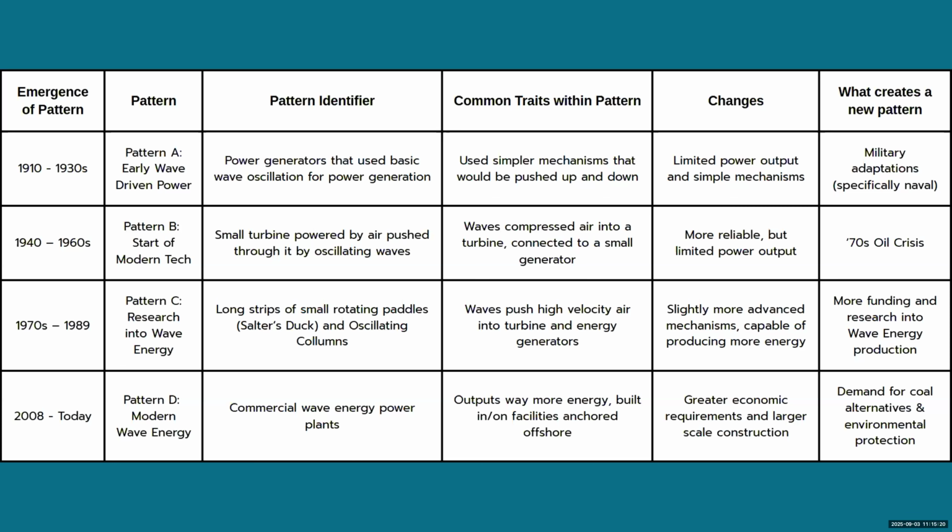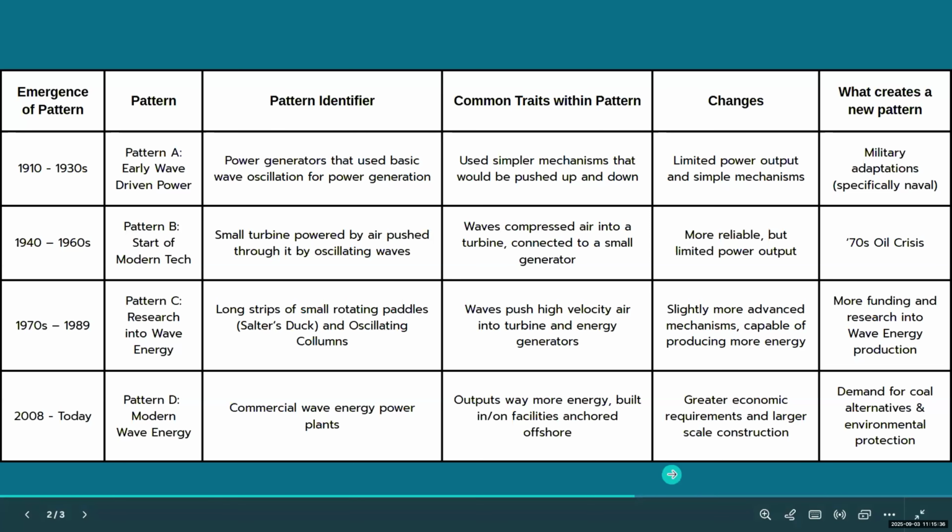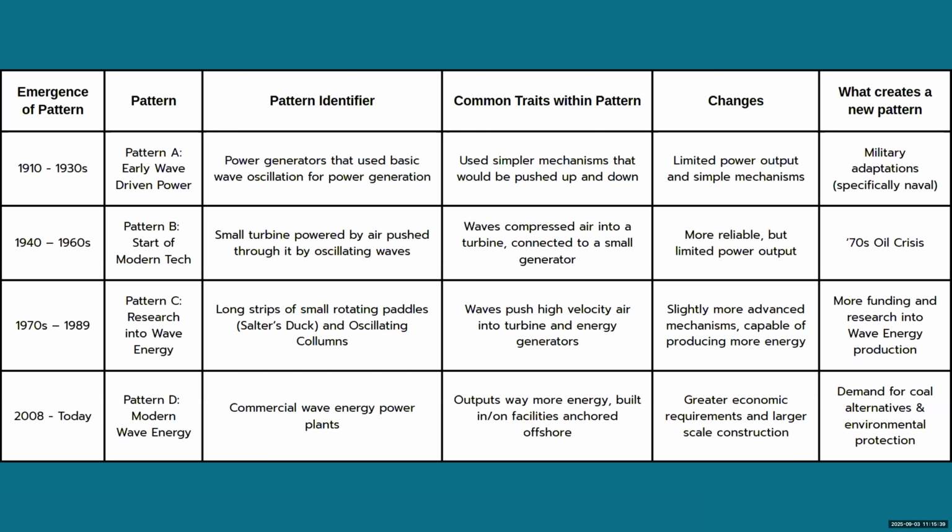So these are still quite new in terms of the power generation scene, but this first pattern is just the early starts of wave power generation. These generators were just using wave oscillations to generate power, where the wave would push air through a turbine, generating power, which is a common mechanism used in many of these patterns, but you can't really do much more than that.